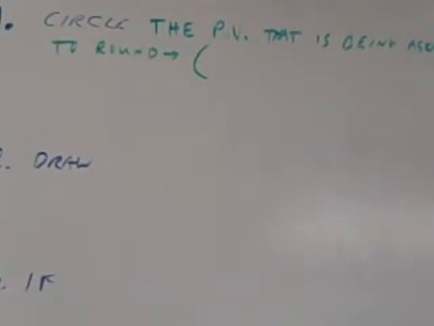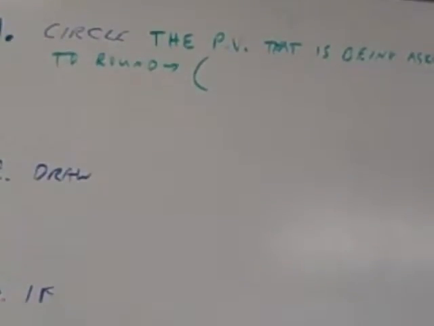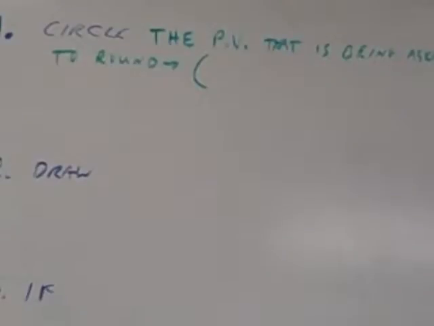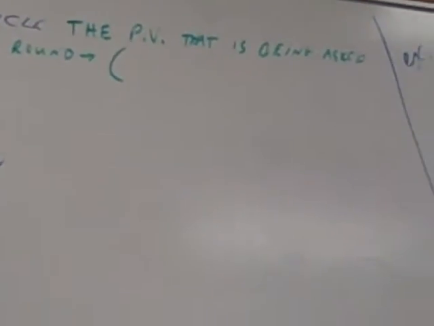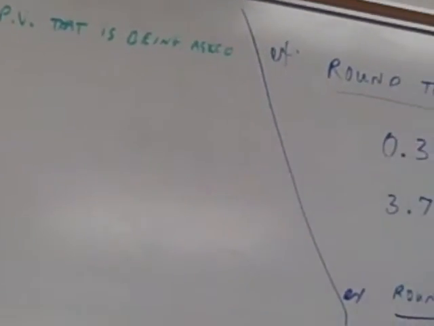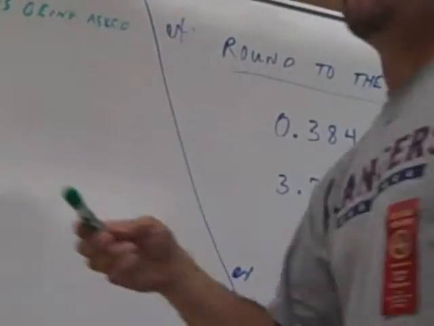Of course, PV is place value. So, up here in our first instructions, it wants us to round to the nearest hundredth. We check our PV that we wrote in our notes.